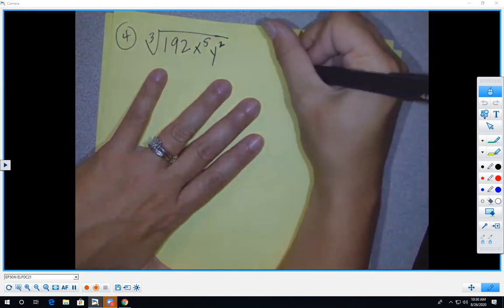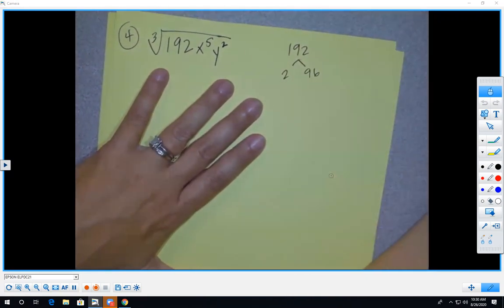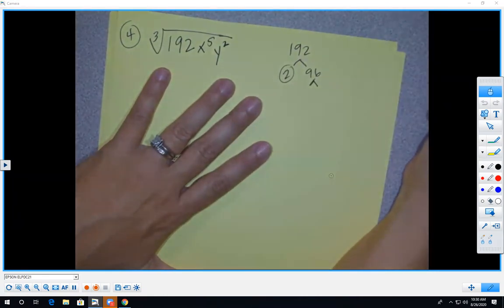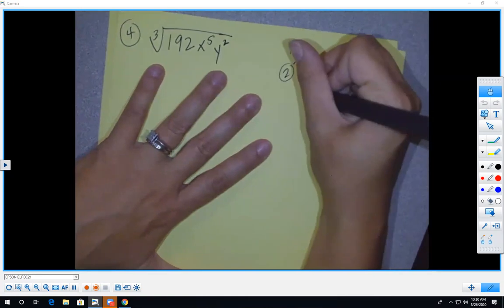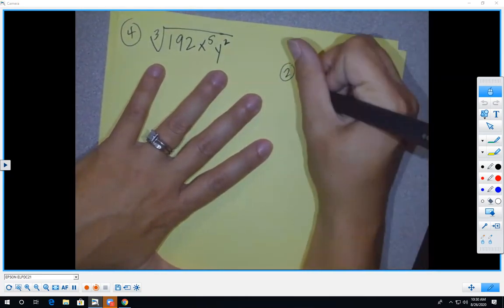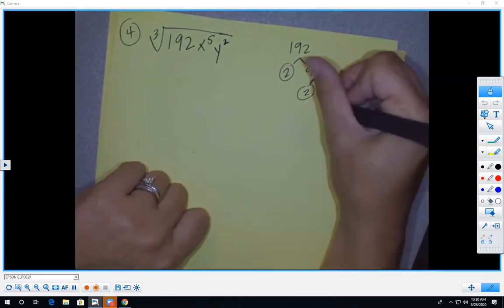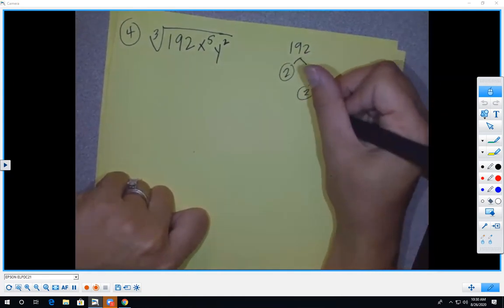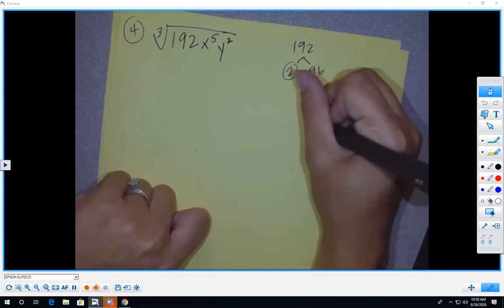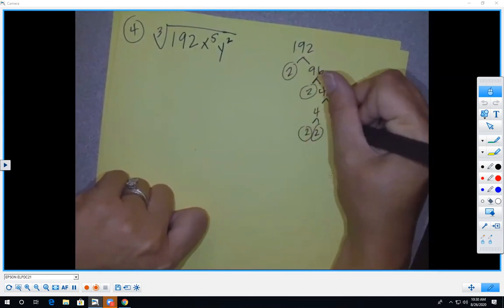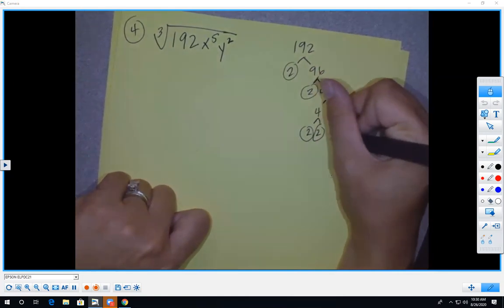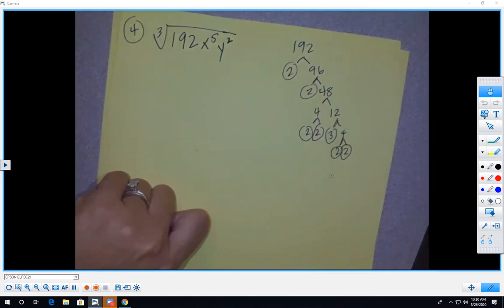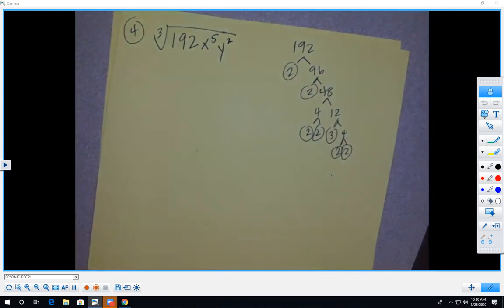192 is 2 times 96. 96 is 2 times 48. 48 is 4 times 12, yeah. 4 is 2 times 2. 12 is 3 times 4. 4 is 2 times 2.